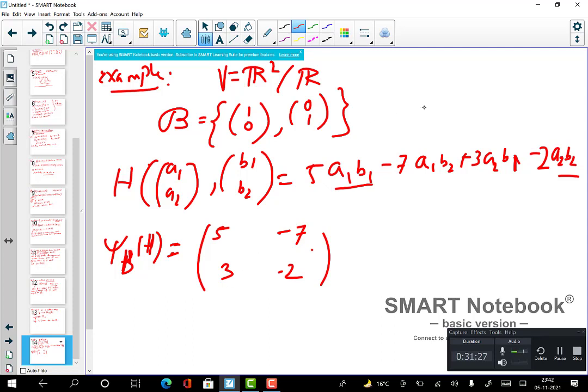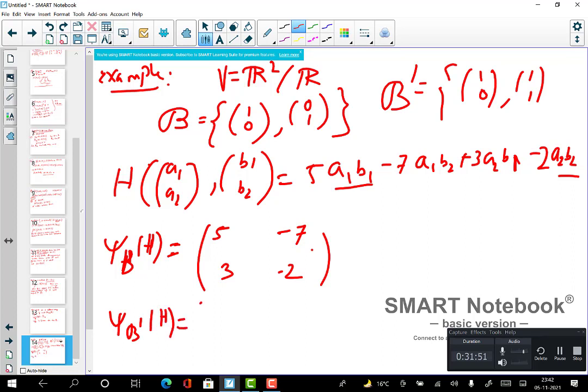But obviously you can change the basis by any basis, and similarly you can have another matrix. For example, you just choose another basis, say b dash equal to 1 0 and 1 1. Then I need to know what is b dash of h. Whenever you have a2, it will be 0, otherwise everything is non-zero.